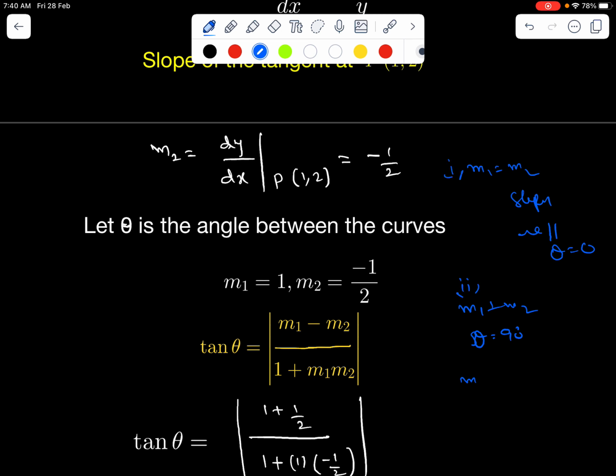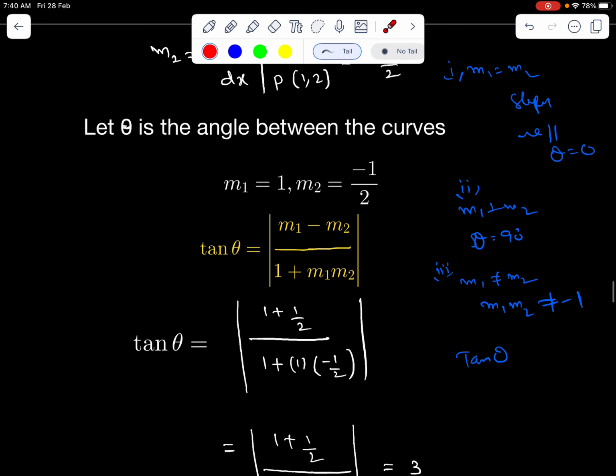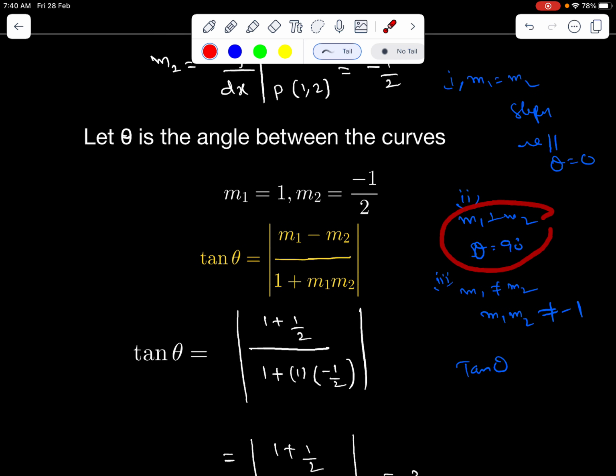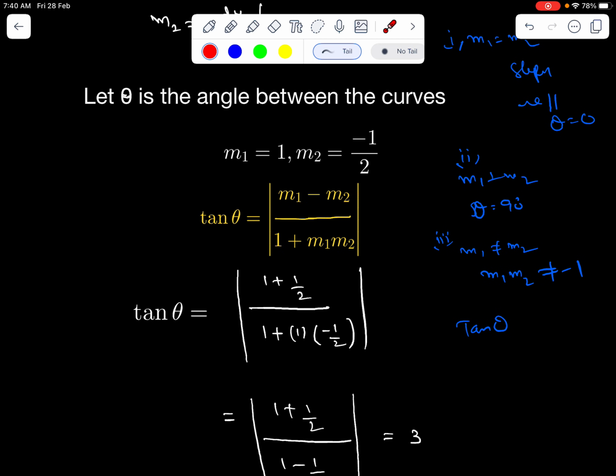If m1 is not equal to m2, and m1 m2 is not equal to minus 1, the third condition, then tan theta is equal to mod of (m1 minus m2) by (1 plus m1 m2).